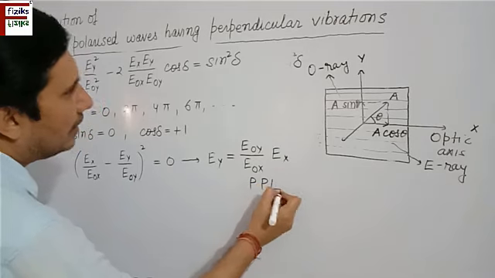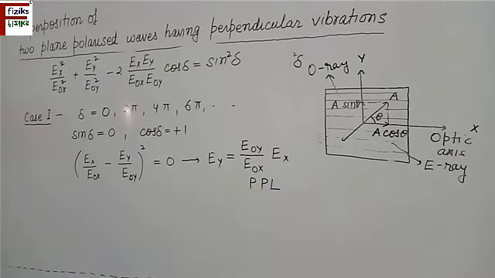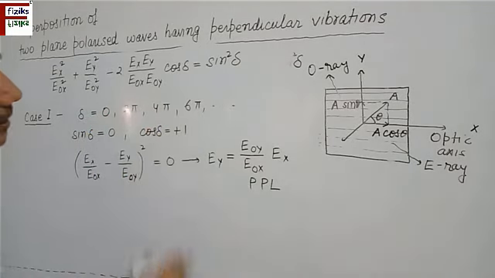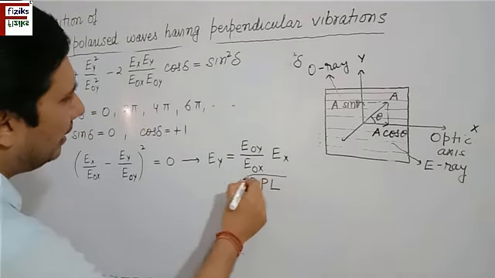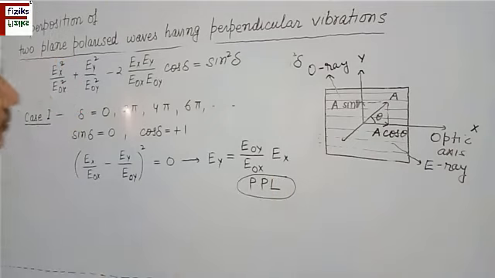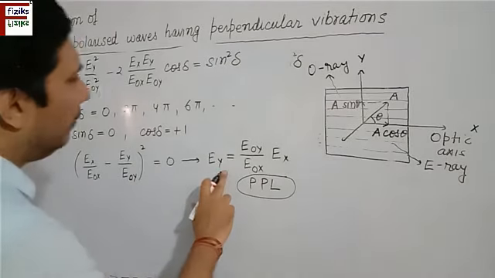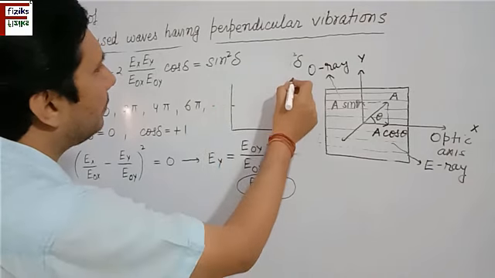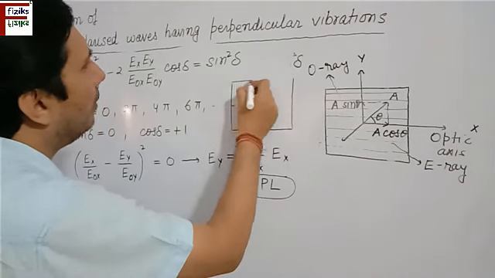So if the thickness of the crystal is such that the introduced phase difference between O ray and E ray is equal to 0, 2 pi, 4 pi, 6 pi, then on the emergent side we will have plane polarized light. So if we plot this, then this plot will be like this.